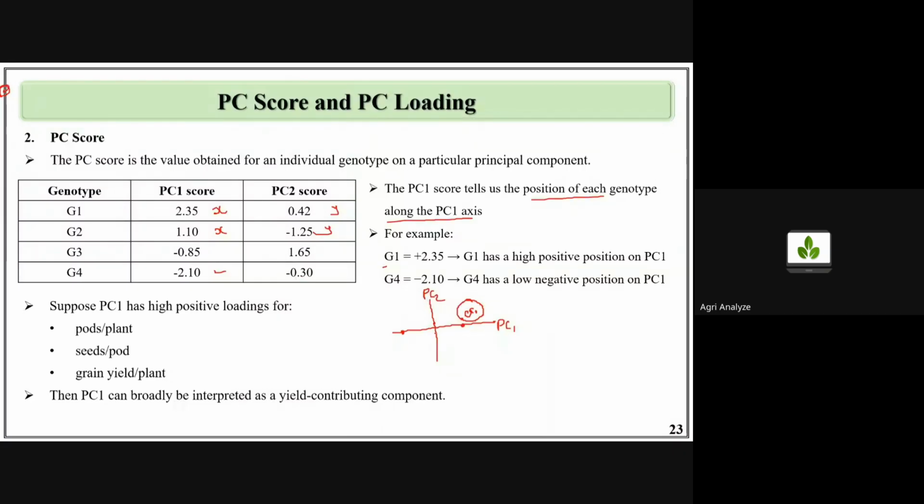So that point is minus 2.10 and minus 0.30. This is the value for X and this is the value for Y. Okay, now you got it: the PC score tells the position of each genotype along the PC1 axis.